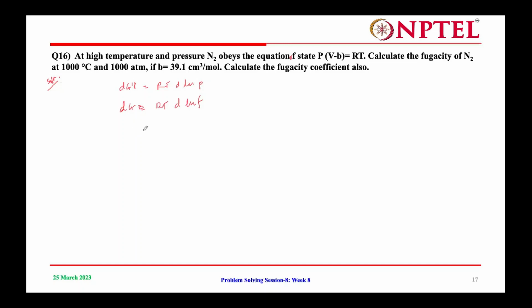So dG minus dG^ig equal to RT d ln f by P, right? This is the residual property, dG^R equal to RT d ln phi, right? Take this as equation 1 and equation 3.